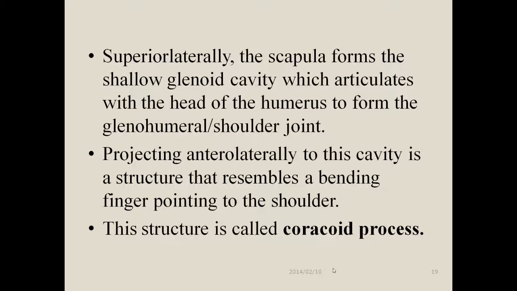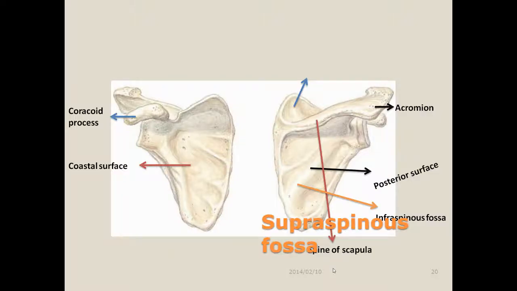Superolaterally, the scapula forms the shallow glenoid cavity, which articulates with the head of the humerus to form the glenohumeral joint. Projecting anterolaterally to this cavity is a structure that resembles a bent finger pointed to the shoulder, and this structure is called the coracoid process.